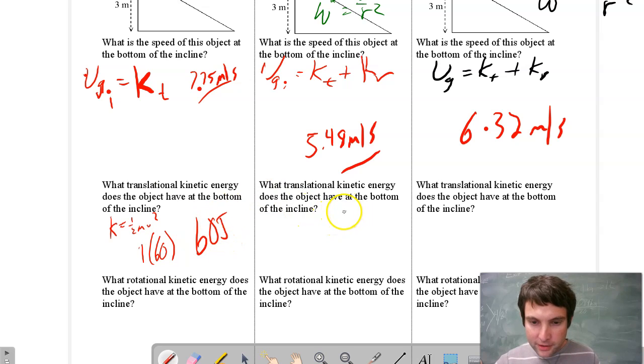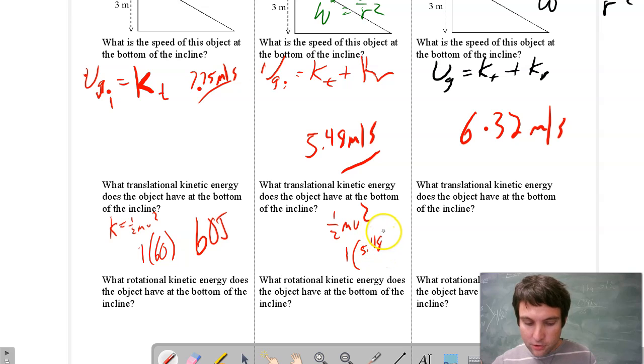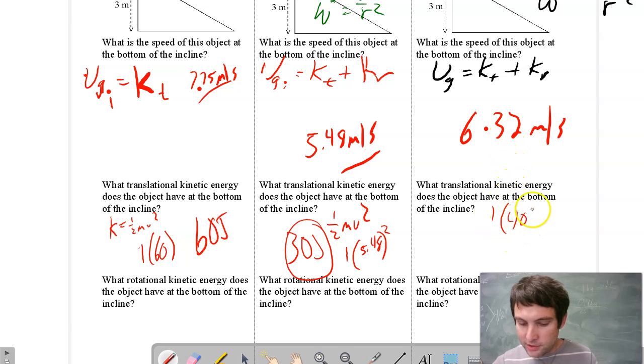This one, again, 1/2 mv squared: half of 2 is 1, times 5.48 squared, which is 30 joules. And over here, 1/2 mv squared, half of m is 1, times 6.32 squared, which was 40 from the previous problem. So we get 40 joules of energy there.